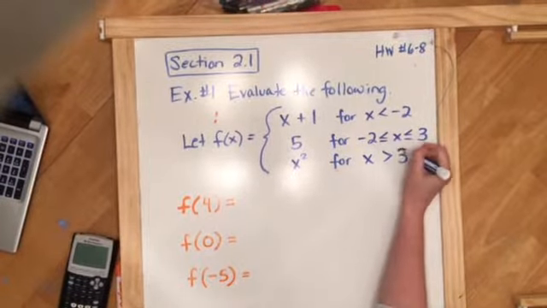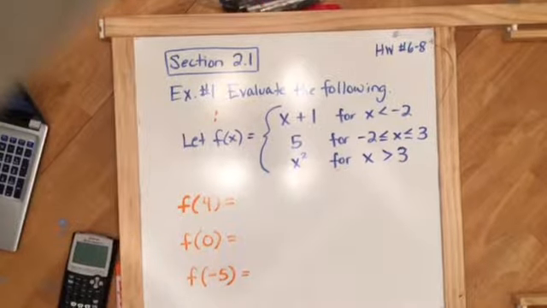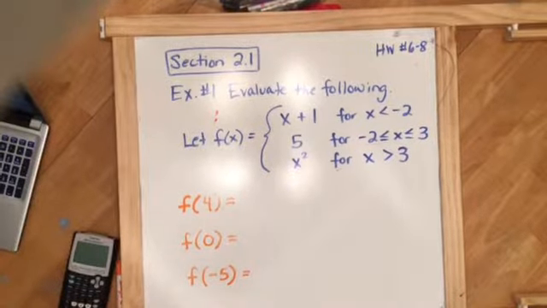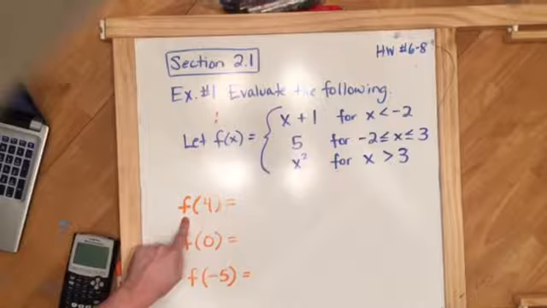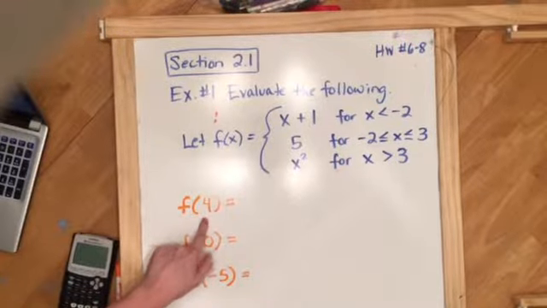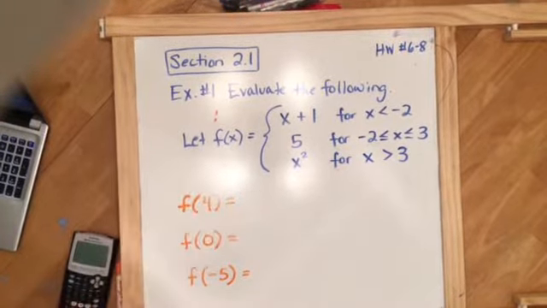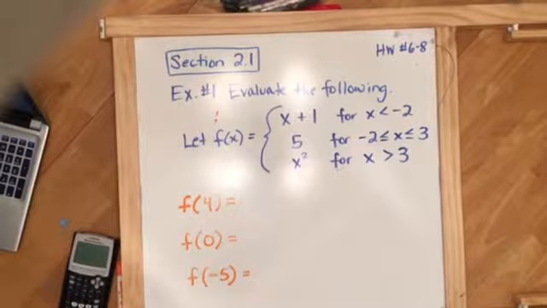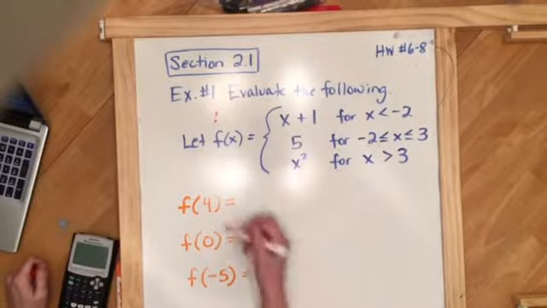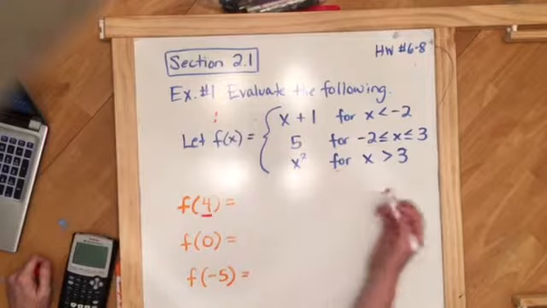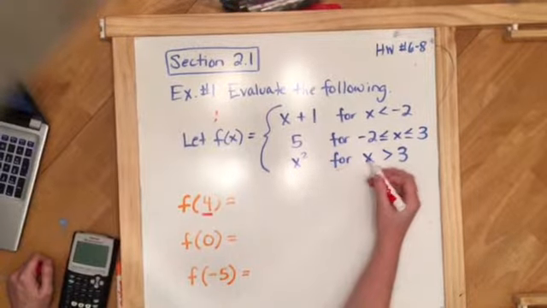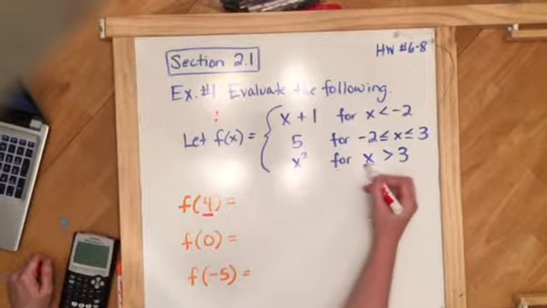All right, so the first thing we want to do is evaluate f of 4. Remember f represents the name of the function, and 4 is the constant that you're plugging in for the variable. Well, we're going to look at where the domain works. So 4 actually works for this piece of the function, right? Because 4 is greater than 3.